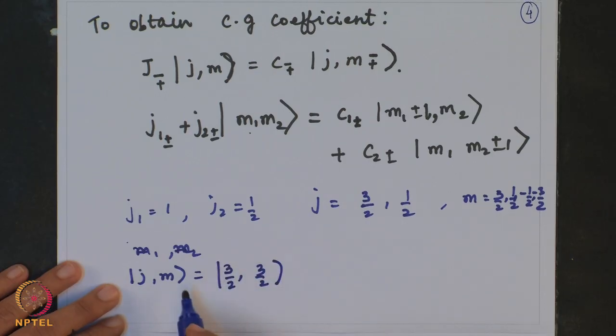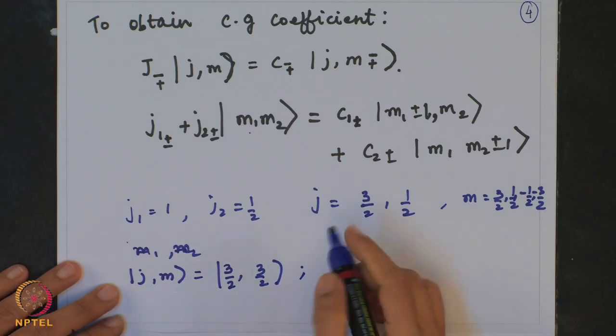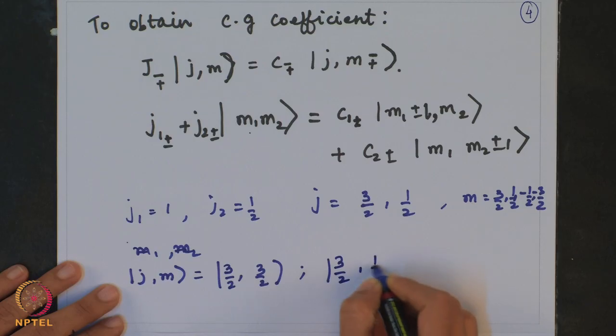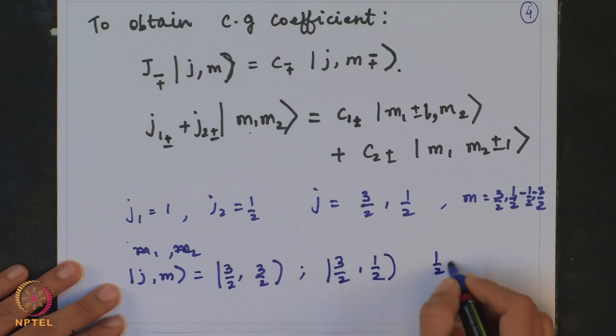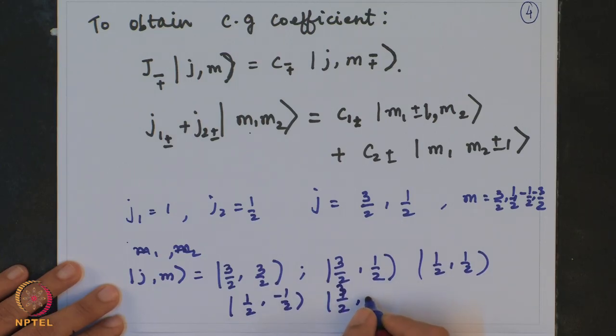We will write these states in decreasing order of M. So, 3 by 2, 3 by 2 will be the first term in the column, and the next one will be 3 by 2, half, then comes half, half, then half, minus half, then half, 3 by 2 and half, minus half, and minus 3 by 2, sorry, 3 by 2 and minus 3 by 2.